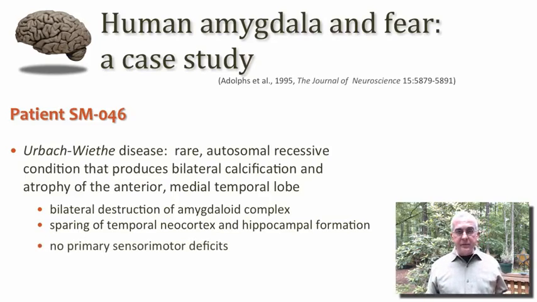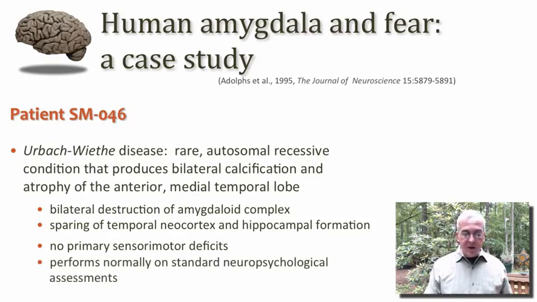What was quite obvious in the initial evaluations of this patient is that she showed no primary sensory or motor deficits, and she performed quite well on what was at the time the standard battery of neuropsychological tests.